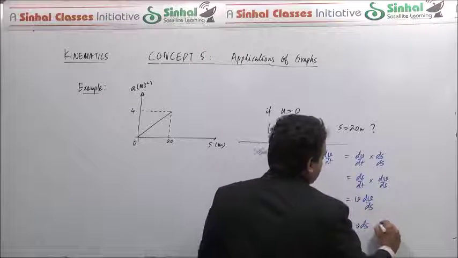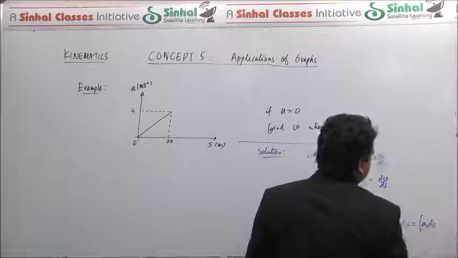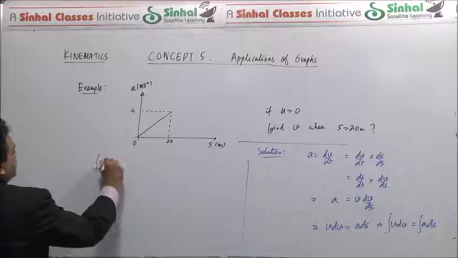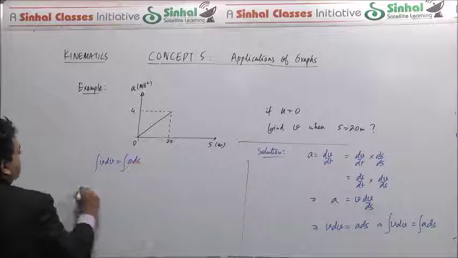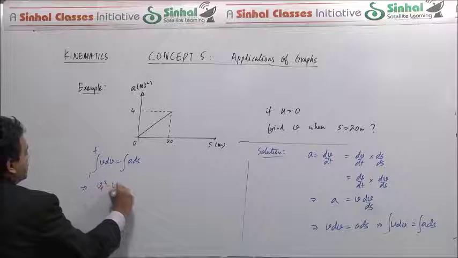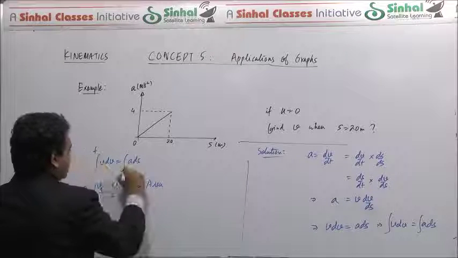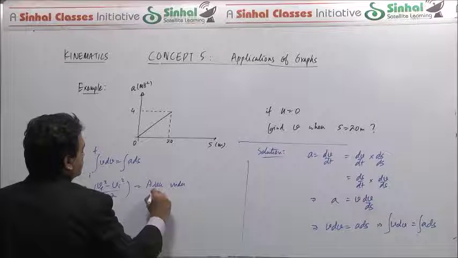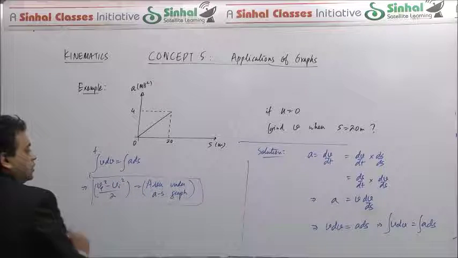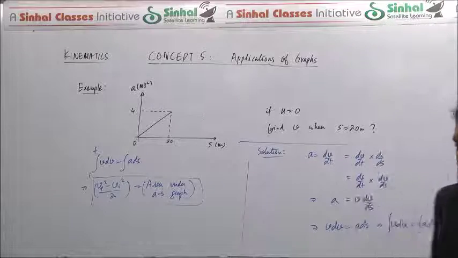So the integration of v dv is the integration of a ds. That gives us the important result that, from initial to final, V final square minus V initial square by 2 is equal to the area, because a ds integration is the area under the a versus s graph. So this is the concept that we will use in this question. Just understand that, and then we look at the numerical solution.